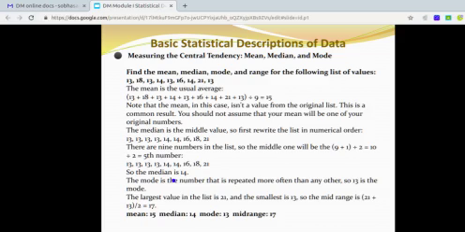You can see that mean is 15, but it is nowhere present in the data. Median is 14, which is present twice in the data. And mode is 13, which is present more number of times. Mid-range is also not a member of these data elements. So that's the concept of measuring central tendency.